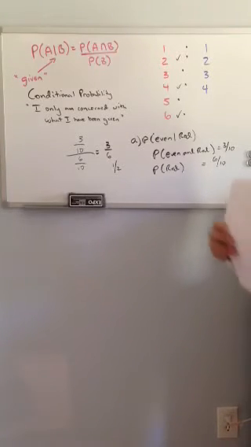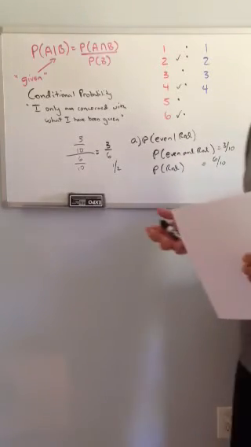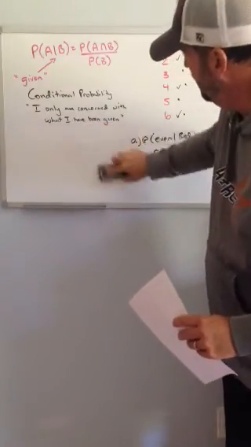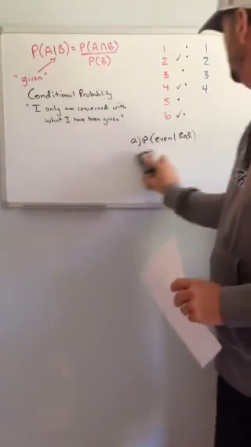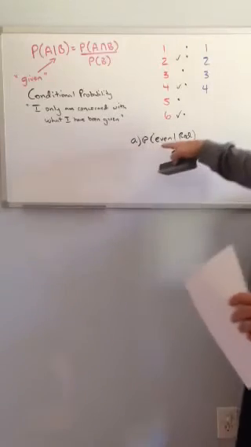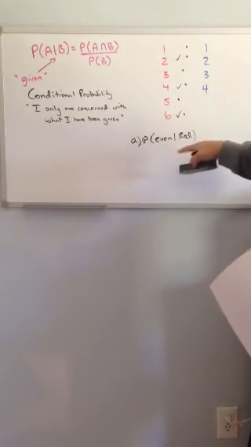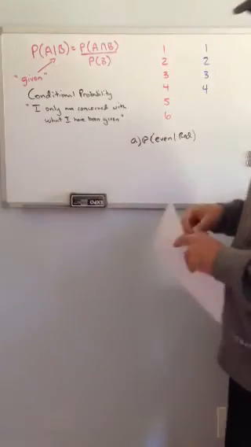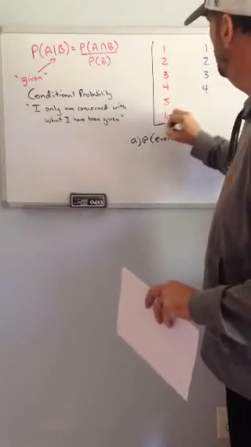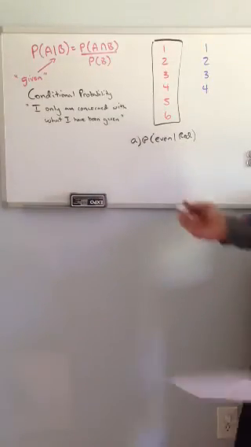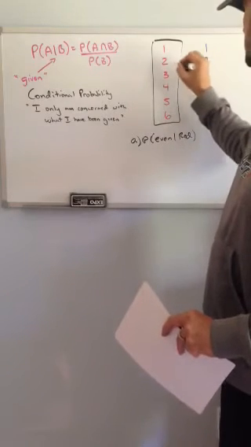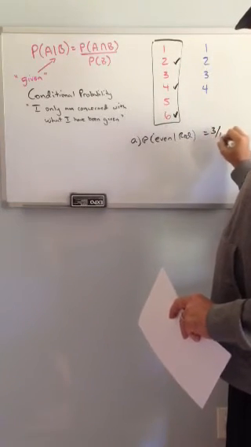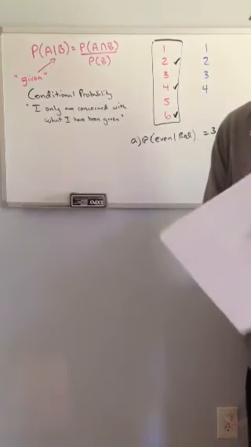Let's take a look at this a little more, using some common sense. We're looking for the probability of it being even, given that it's red. So I'm only allowing you to look at the red pieces. We're only looking at these 6. Of those 6, how many of them are even? And we get to our 3 over 6.